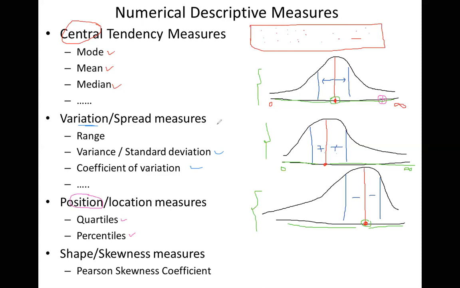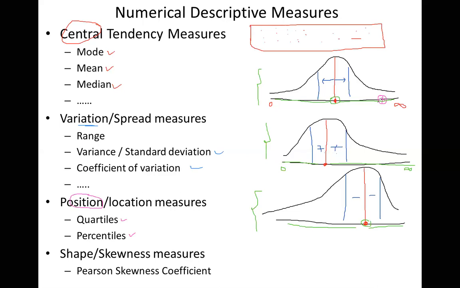Okay. Sometimes after describing a center and the variation, you have a specific value, and you need to find the position of this value among the entire data set. Then you have to use some measures to describe a position for this value which you have. We have measures like quartiles and percentiles, and you can find out the position of the value that we have.